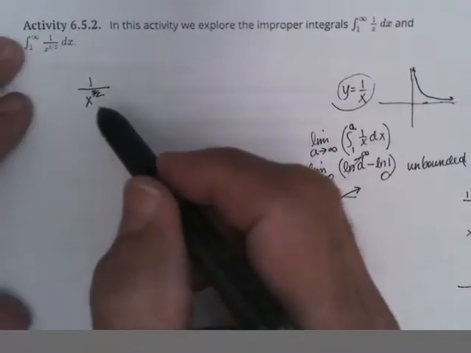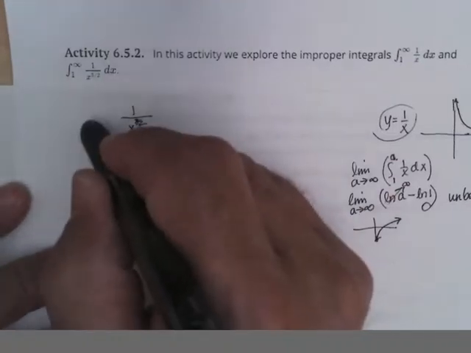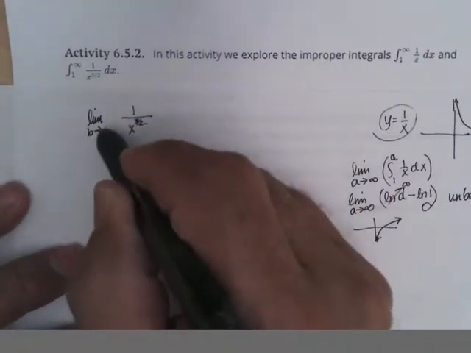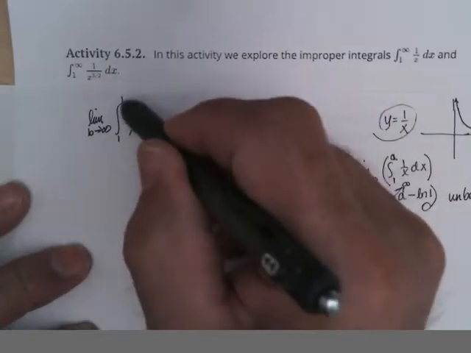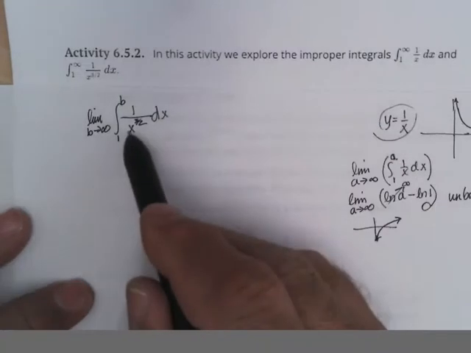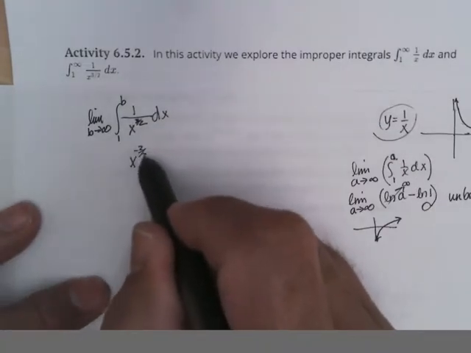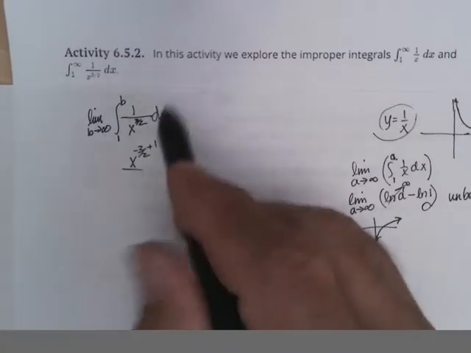And what did they want us to do here? Go to infinity. So I'm going to take the limit as b goes to infinity, could have been a, from 1 to b of this dx, to integrate x to the negative 3/2. So I have to add 1 and divide by what I get.